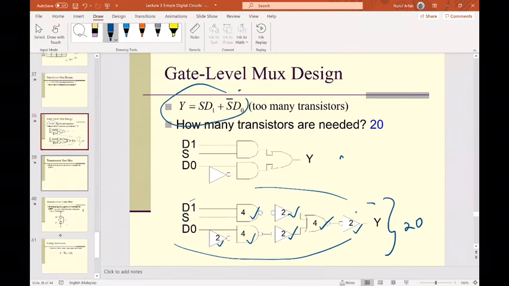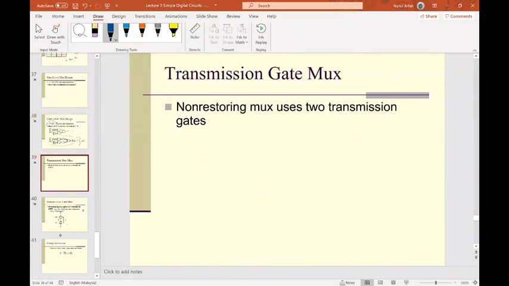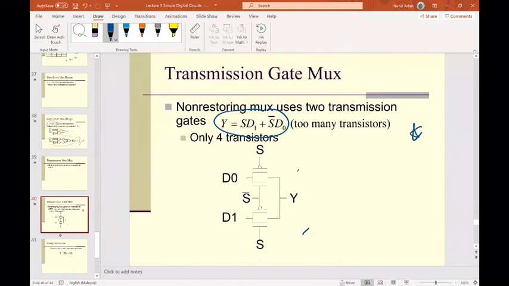You don't want too many transistors. You want to reduce that. So the transmission gate is a non-restoring mux that uses two transmission gates. So you have this part, and this is how they configure it in terms of transmission gates. We have only 4 transistors. Coming from where? From 1, 2, 3, and 4.